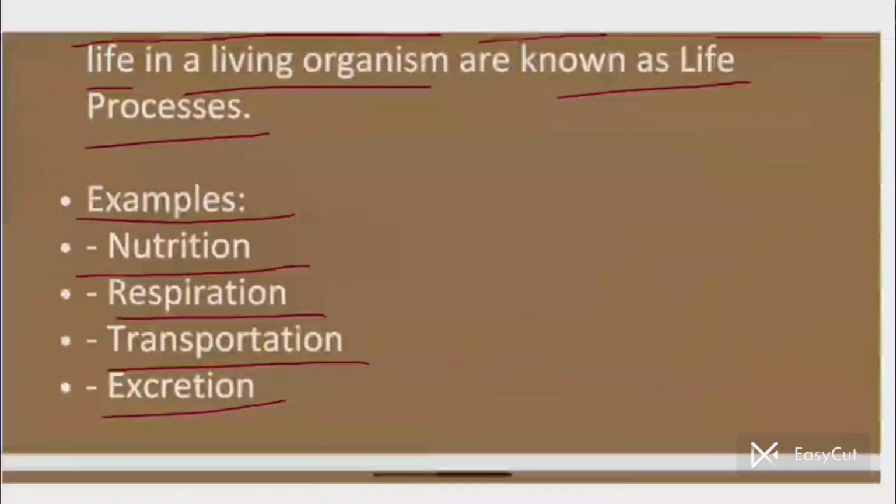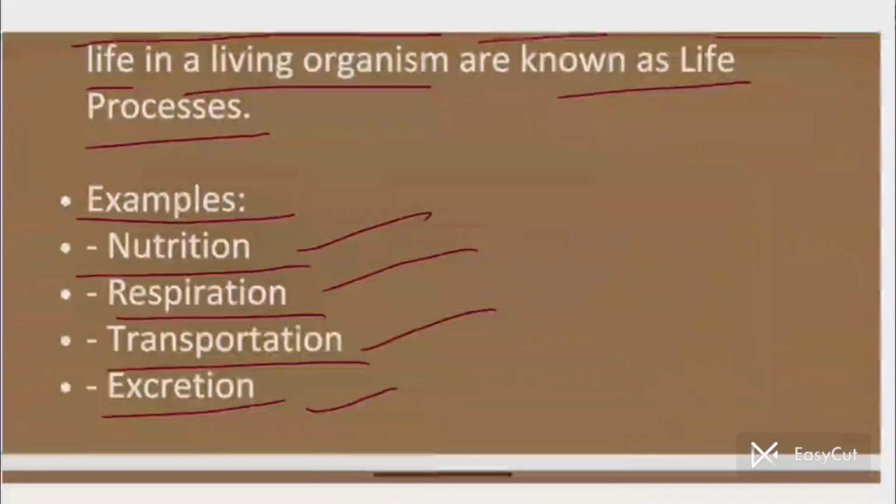Here there are 4 types of life processes: nutrition, respiration, transportation and excretion. Other than that, you also have to learn control and coordination and reproduction, but they are in separate chapters. Excretion is already given here.